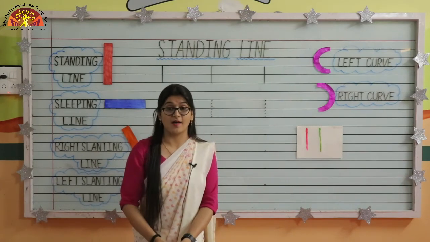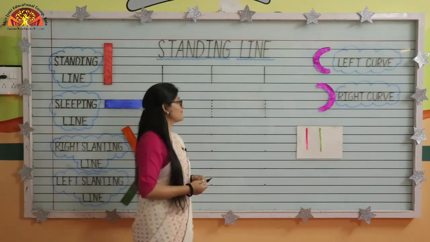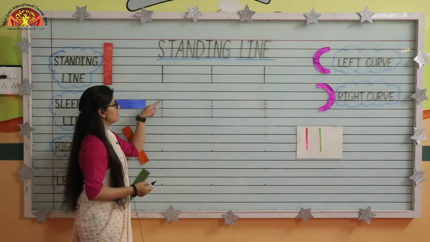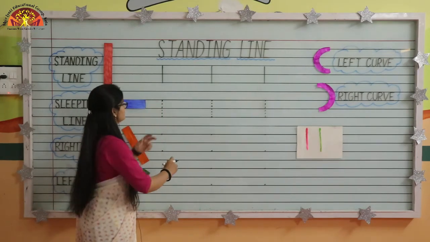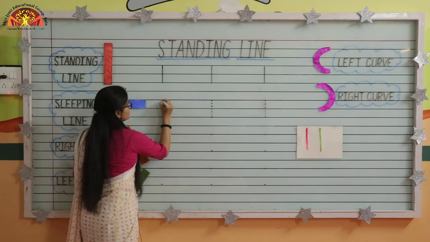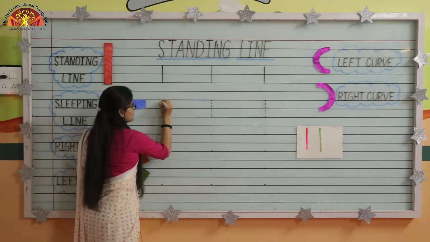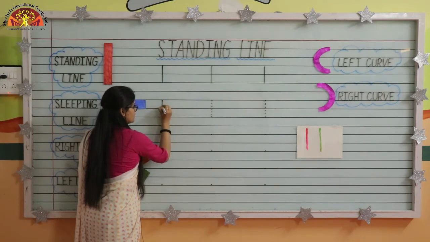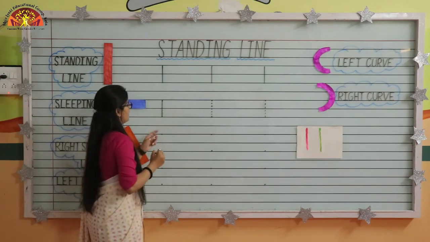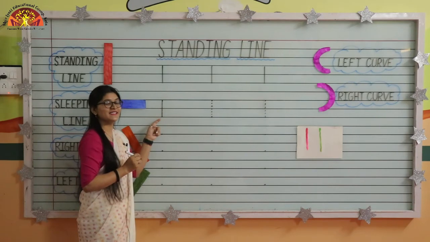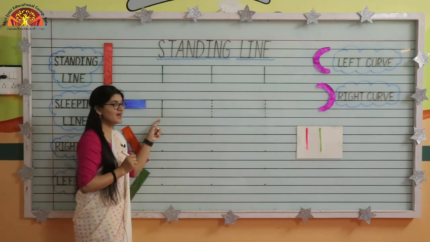So sharpen your crayon and put your crayon here and make a straight line like this. Very slowly we will join the dots like this. What is this? This is standing line.